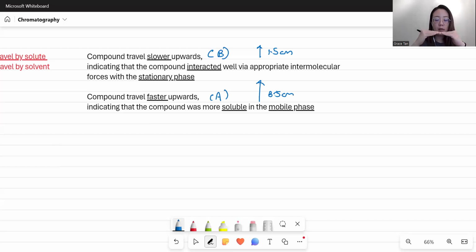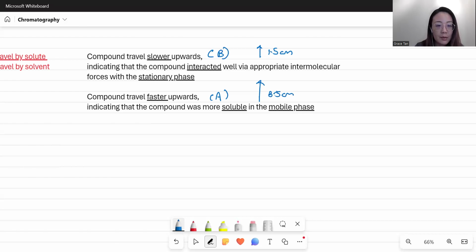When the solvent touches your mixture of amino acids, it will have appropriate intermolecular forces with amino acid A, and therefore the mobile phase will carry the sample upward very fast. So if you favor the mobile phase, you would move with the mobile phase upward very fast. So we talk about solubility in the mobile phase.